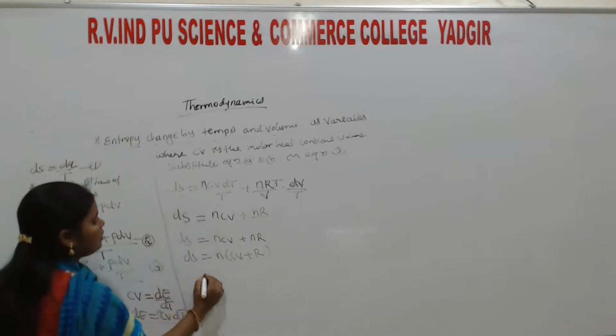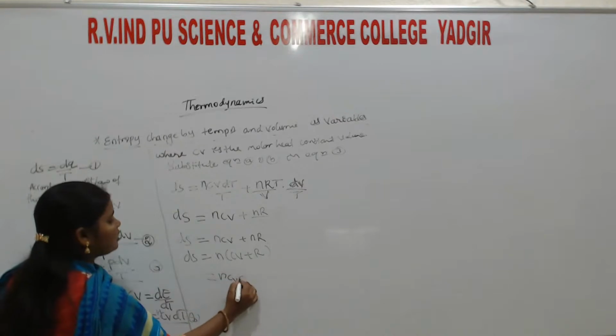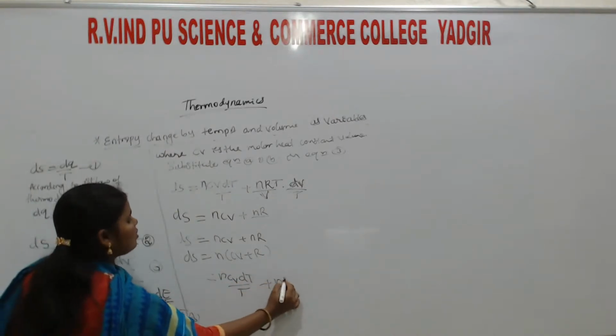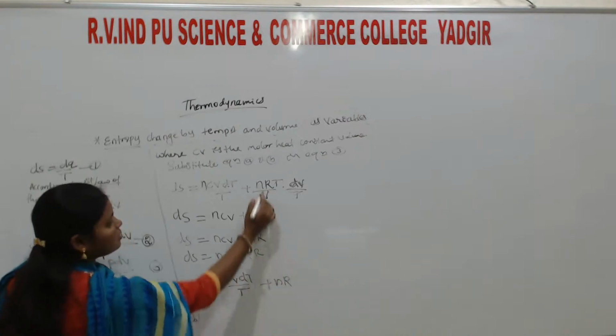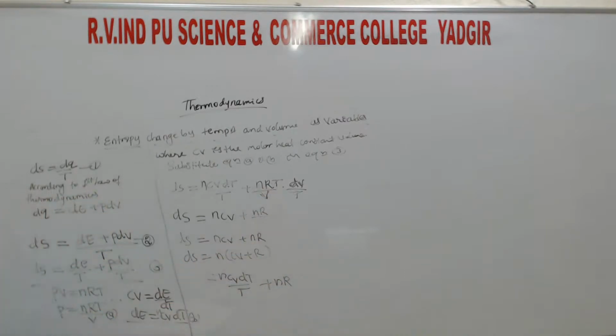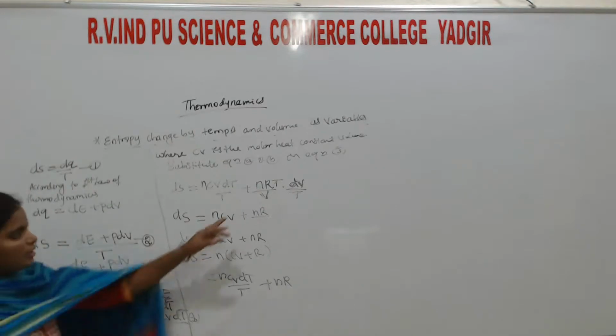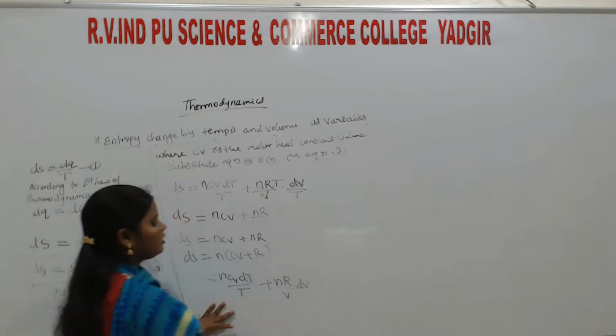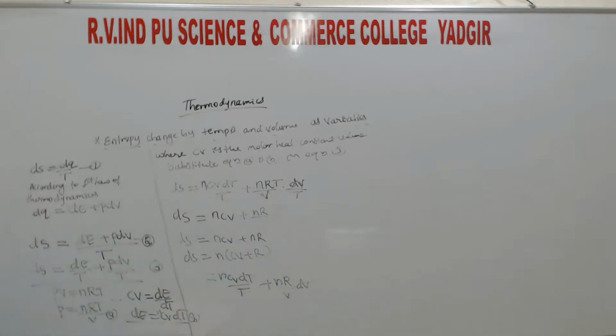n CV dT divided by T plus nR divided by V into dV, since T is cancelled. This is the equation.